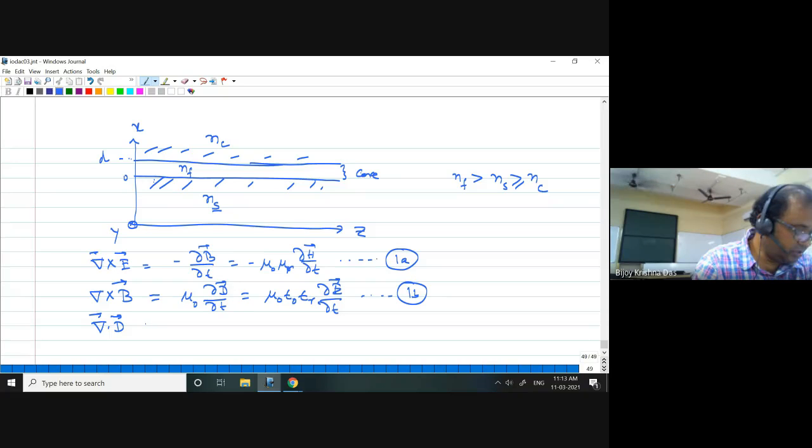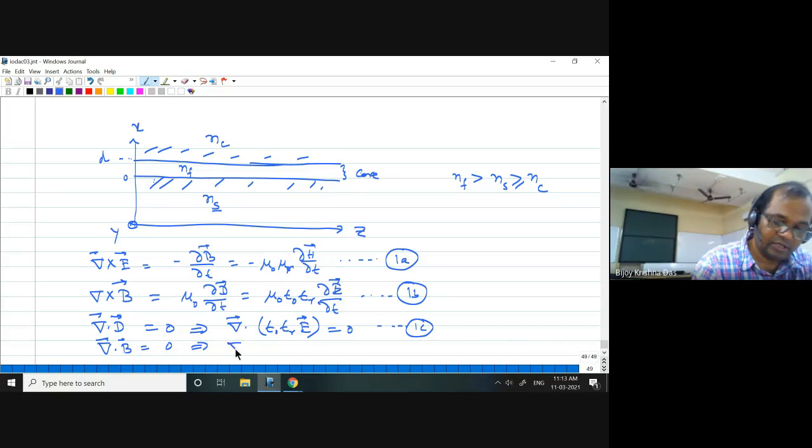And then you know the other two equations, the divergence equations. Divergence of D is equal to 0, and that can again be written as divergence of epsilon 0 epsilon r E equal to 0, that is 1c. And then one more equation, divergence of B, that is also equal to 0, can be written as divergence of mu 0 mu r H equal to 0.